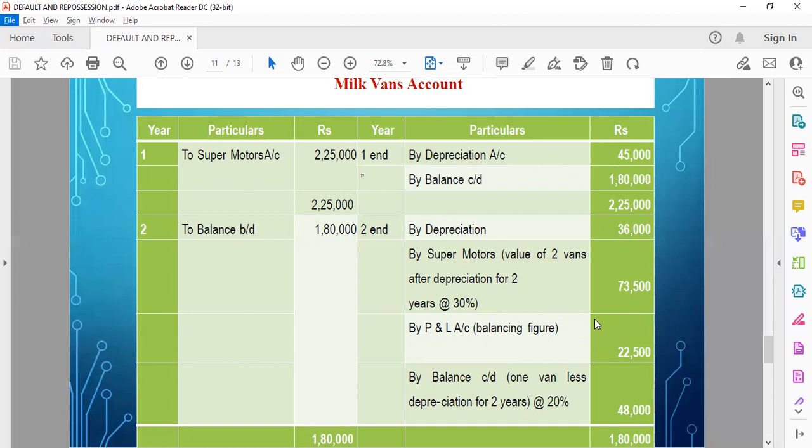So 1,05,000 into 30 by 100, just to calculate the depreciation.